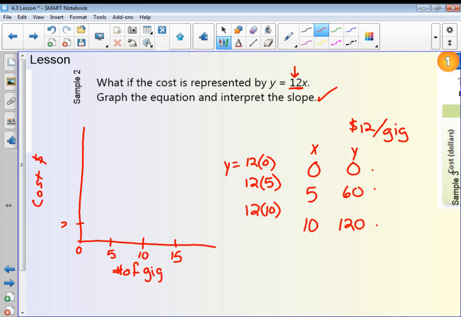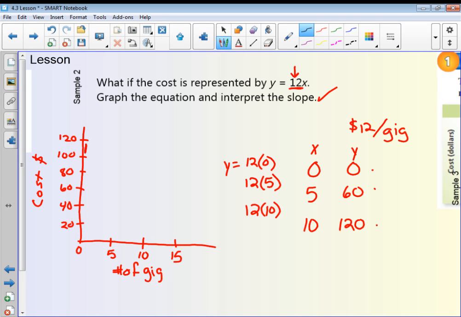So maybe this is 20, 40, 60, 80, 100, 120, and I could continue on, but that's all the further I need to go. The one thing you have to realize is when you freehand something, your line may not look perfect. It's best to have a graph that's already created so that as you're putting in your numbers, you know that each of these is equally spaced.